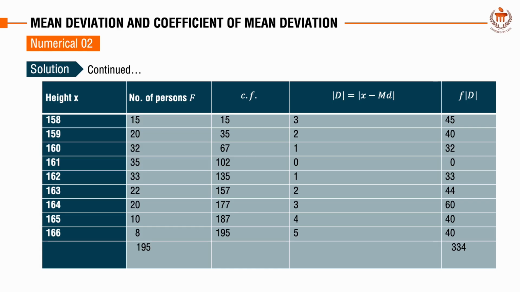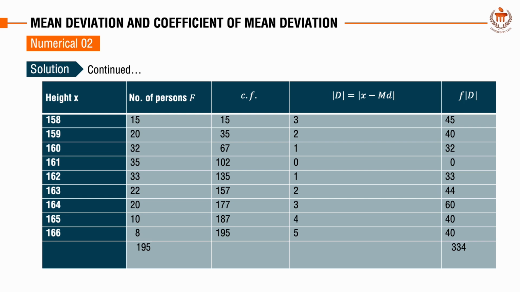Once we have the cumulative frequency, for the median we need to find sum of f by 2. Sum of f, the sum of frequency, is 195 here. 195 by 2: 200 by 2 is 100, so 195 by 2 would be 97.5.